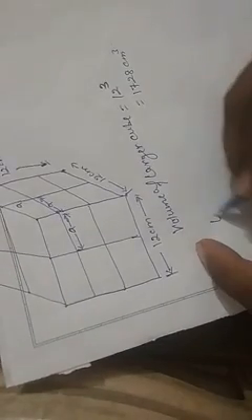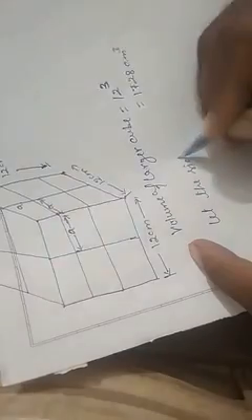And let the side of the smaller cube be A centimeter. Therefore the volume of the smaller cube is equal to A cube.